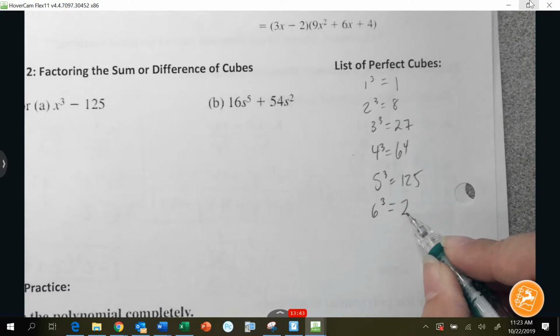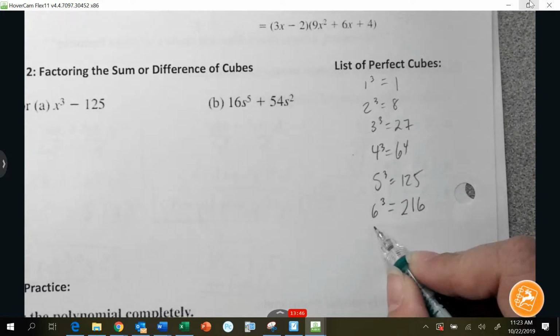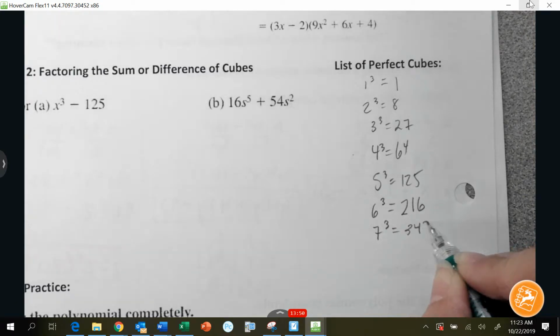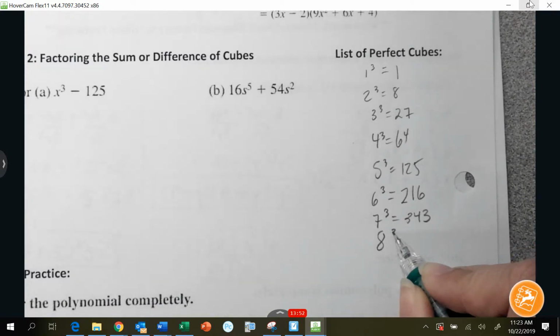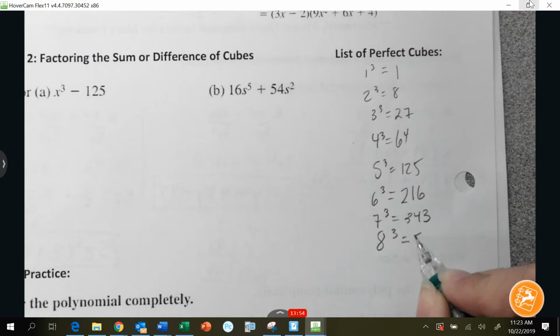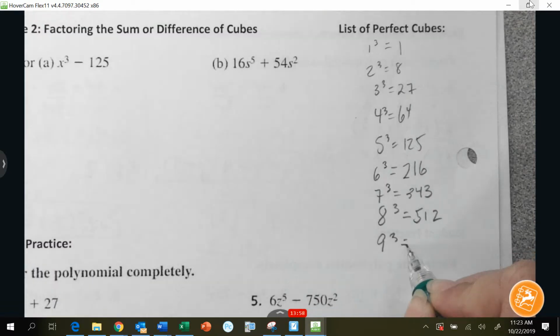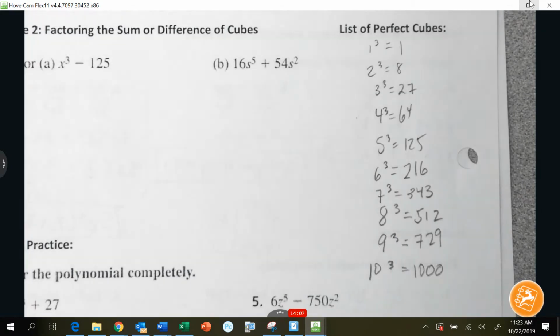It's 216. 7 cubed? 343. 8 cubed? 512. 9 cubed? 729. 10 cubed? 1,000. That one's easy. After that, I don't even know.